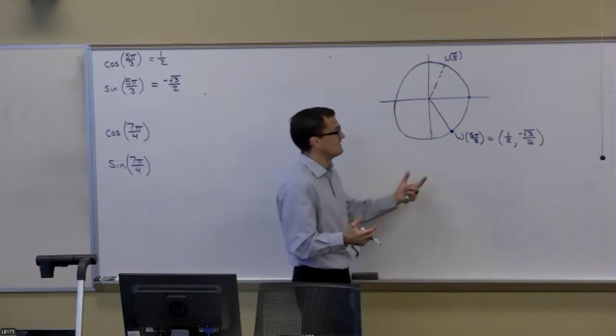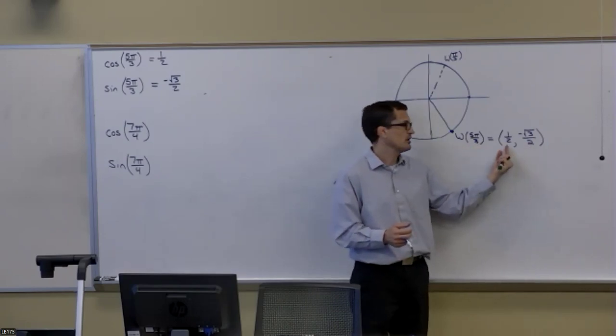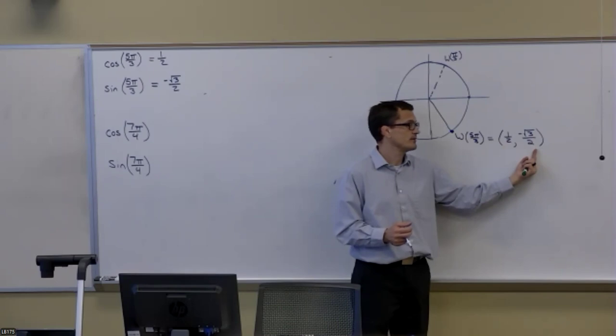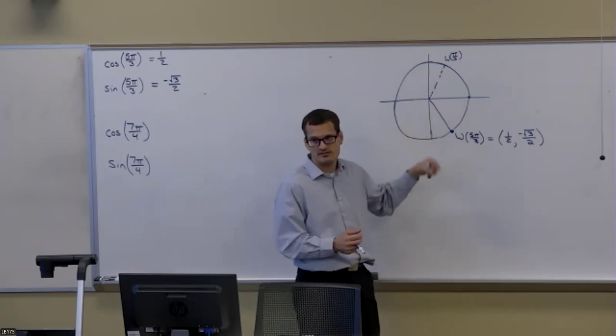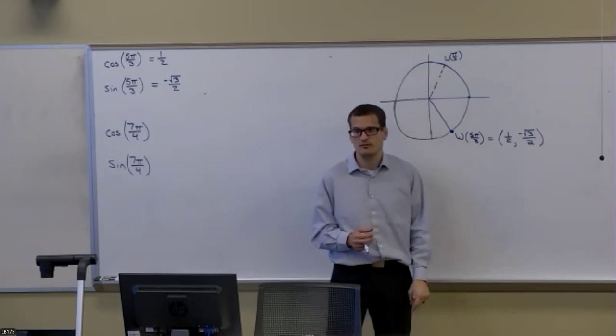If I want to find the wrapping function of 5 pi over 3, I can just plug in cosine of 5 pi over 3, figure out that it's 1/2. Sine of 5 pi over 3, figure out that it's negative root 3 over 2. And I don't have to worry about keeping track of projecting across the x-axis, or if we're over here across the y-axis, and so on and so forth.